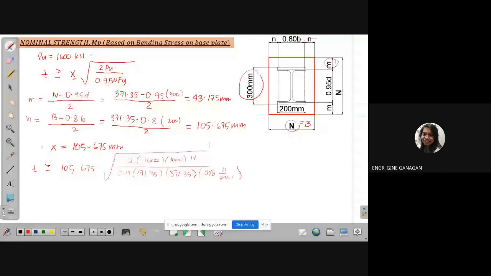Okay? So magkakansel yung Newton, magkakansel yung mm dito. So ang natitira na lang is F.